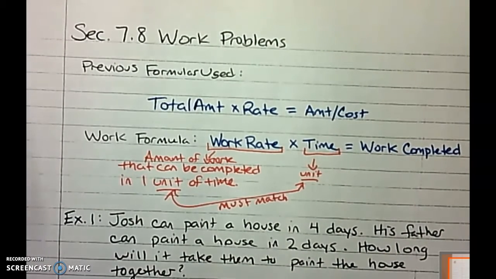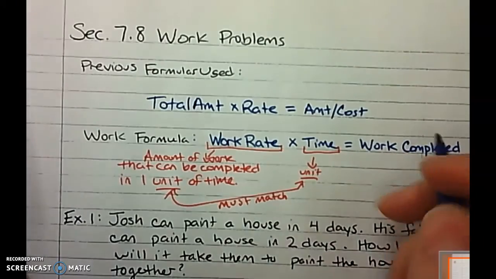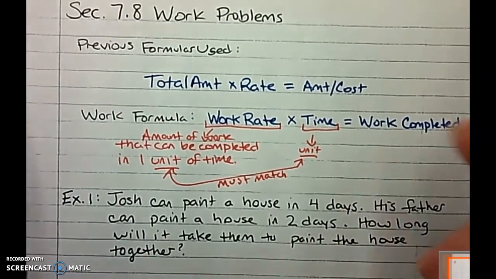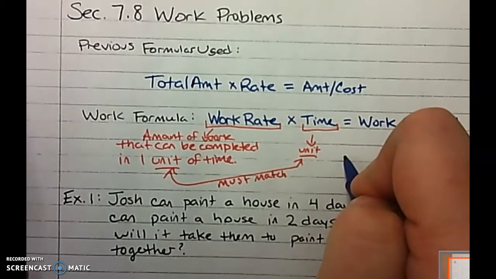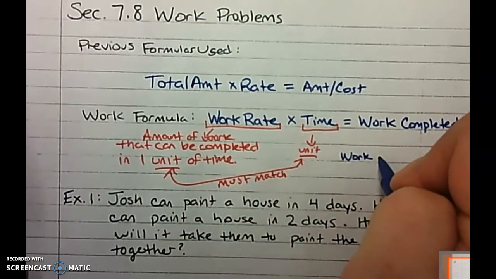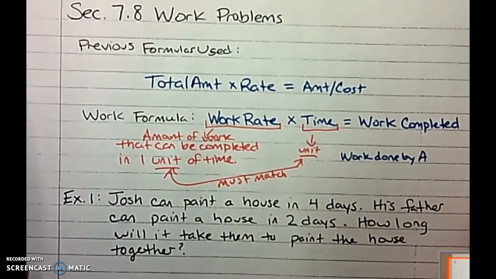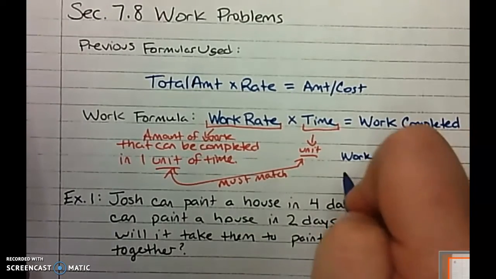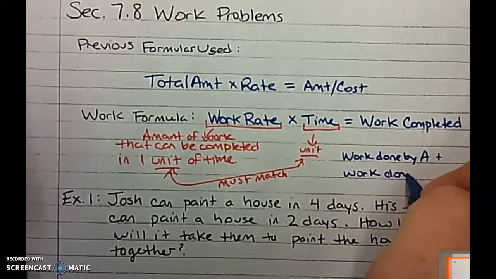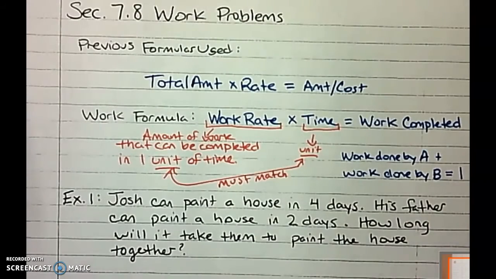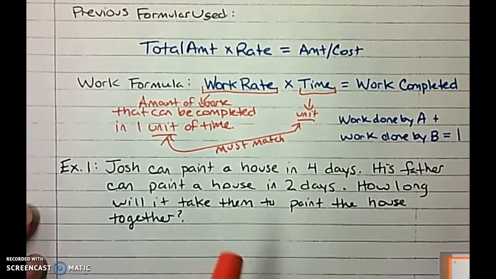So then, when we're in our table, the formula that we're going to use, and this will make sense as soon as you see it in the table below for example 1, will basically be the work done by A, whether it's a person or a machine or whatever it is, plus the work done by B is going to equal 1. And you might be wondering where this 1 comes from. Well, let me explain it in context of example 1.